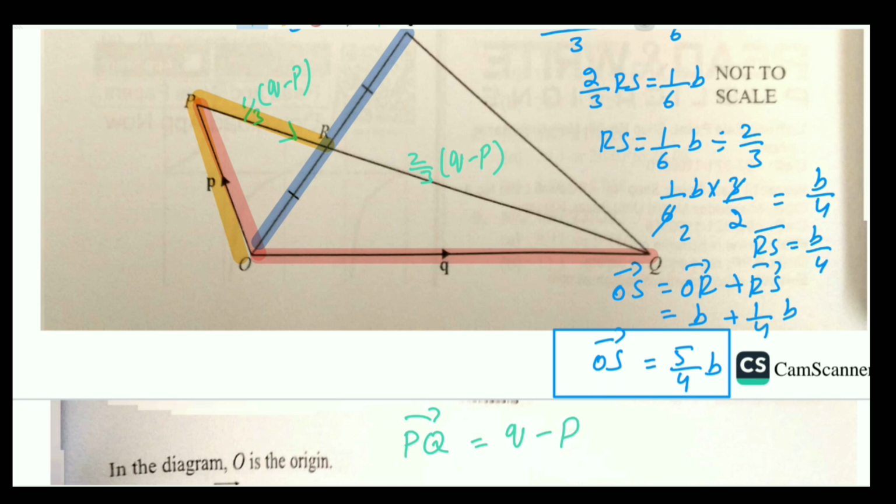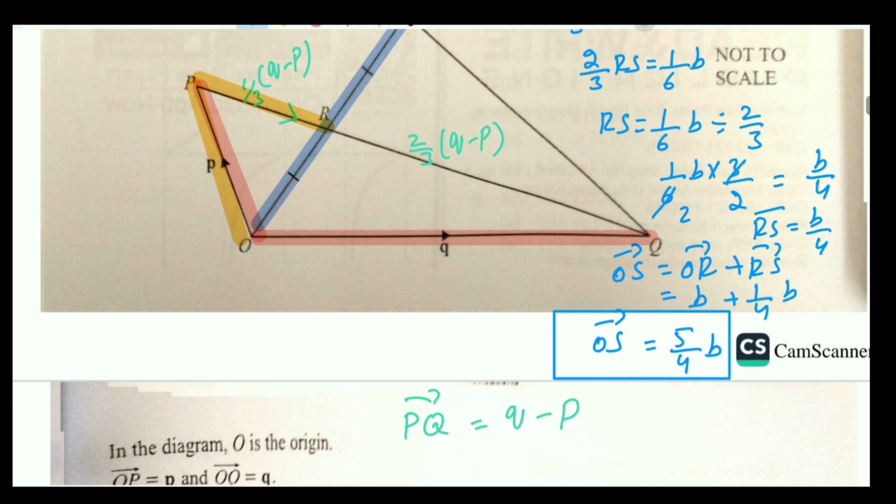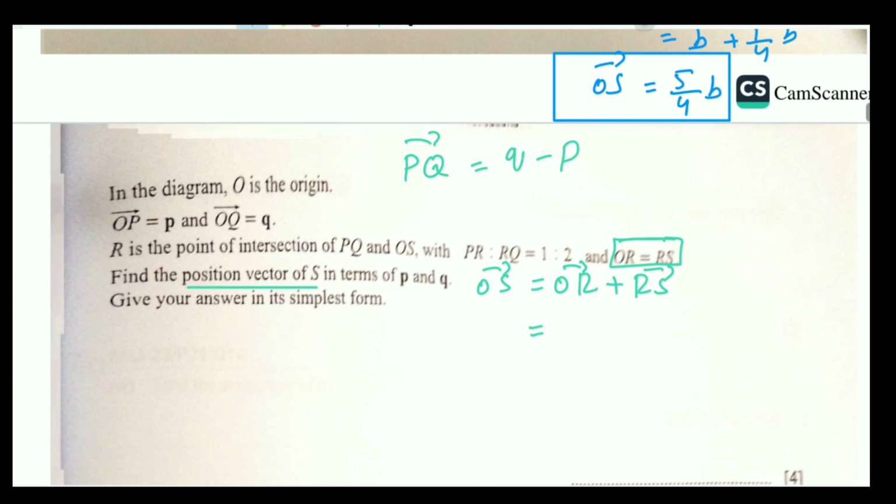So PQ means the arrow has to be towards Q. So OR is P plus 1 by 3 of Q minus P. As RS is the same, we will again write P plus 1 by 3 Q minus P.